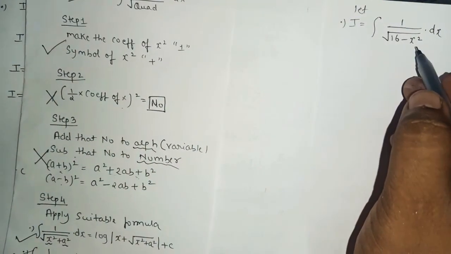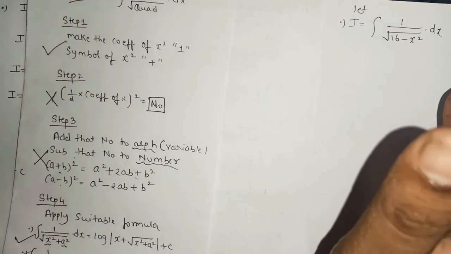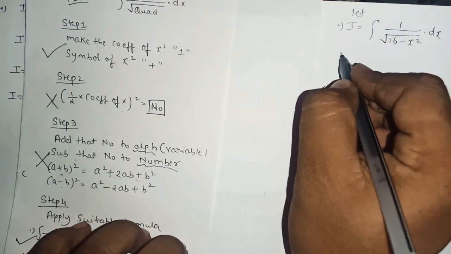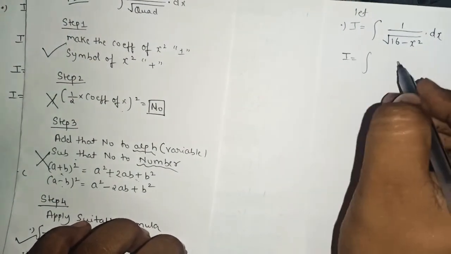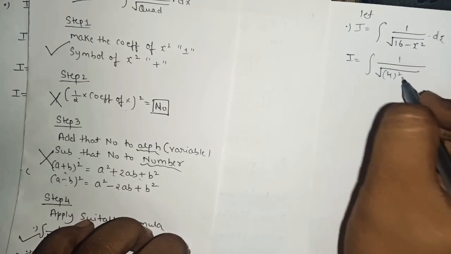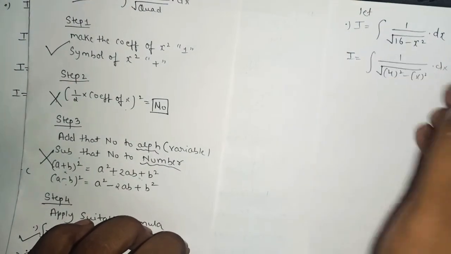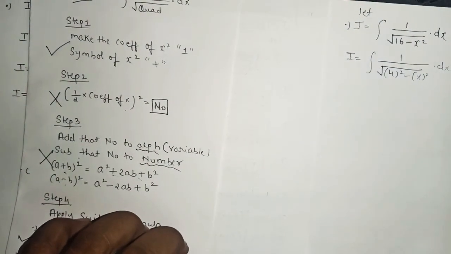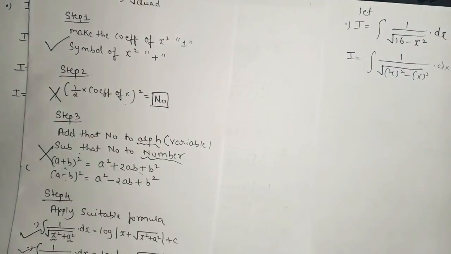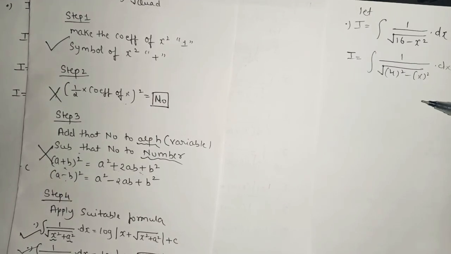So here the sign is negative, so directly we can solve this sum. 16 we can write as 4 the whole square, and x square we can write as x the whole square. No need of bringing minus outside. Yes or no? That step we have to do when the middle term is present. When the middle term is absent, directly in the next step you write 16 as 4 the whole square and x square as x the whole square.